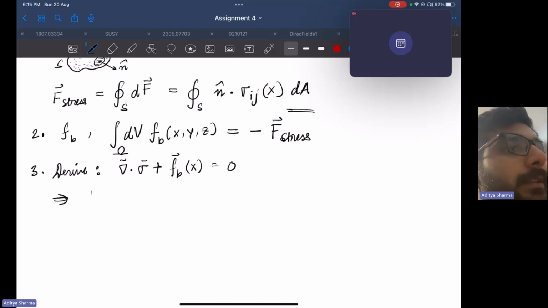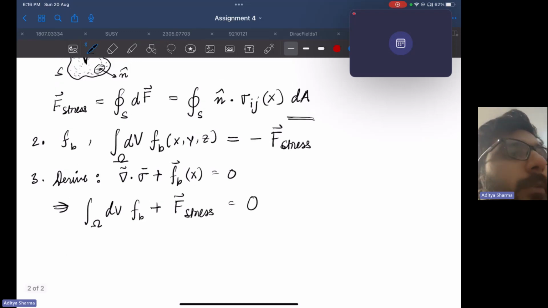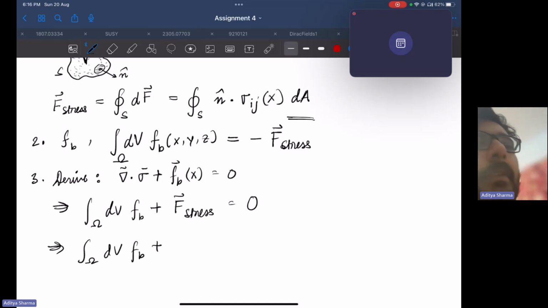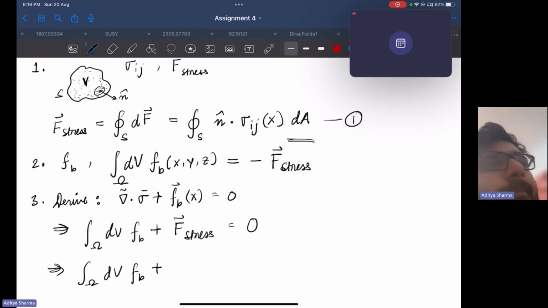You take this equation, and you can write the stress as from this equation one.